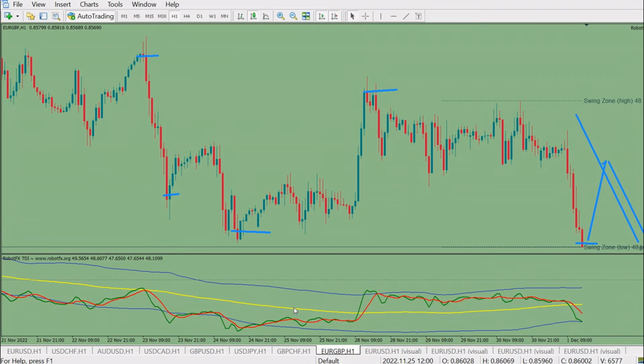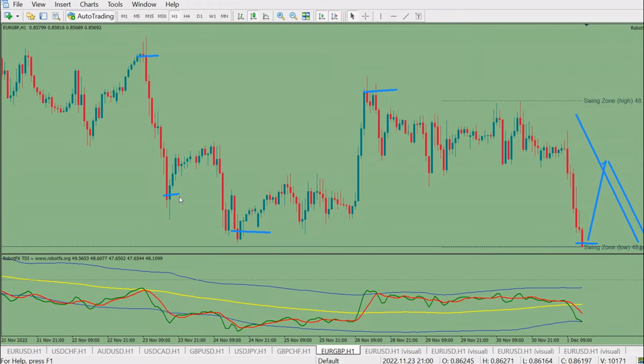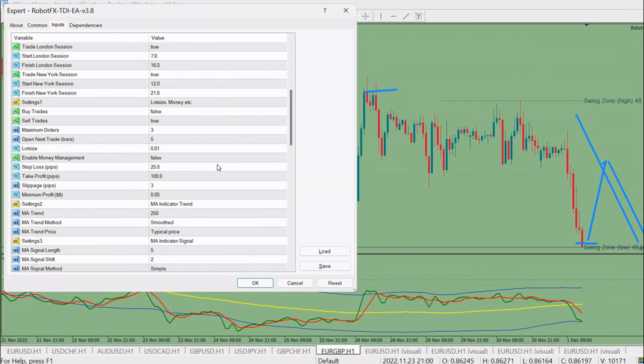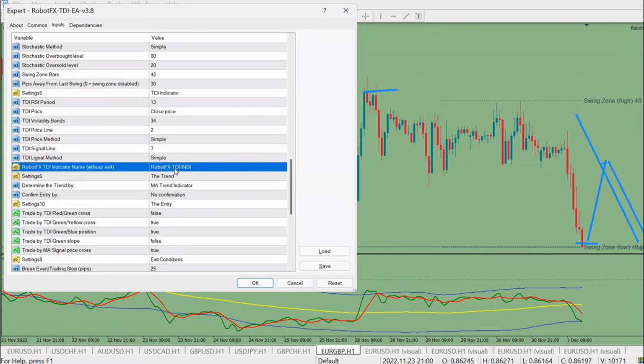So basically, once you find the TDI best settings, you can simply delete it from the chart, and the expert advisor will find it and use it from the MetaTrader folder. It does that by searching for the indicator name, which is RobotFX-TDI-Indy. Make sure you don't change this name, because if you add any other characters or delete them, the expert advisor will not find our indicator.